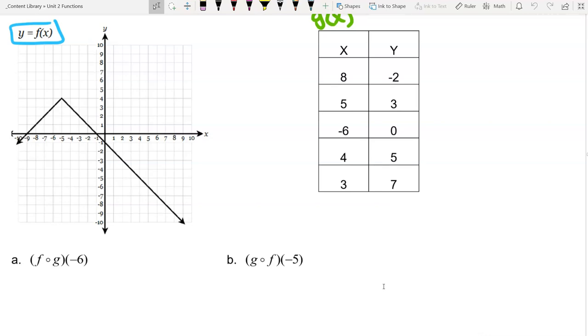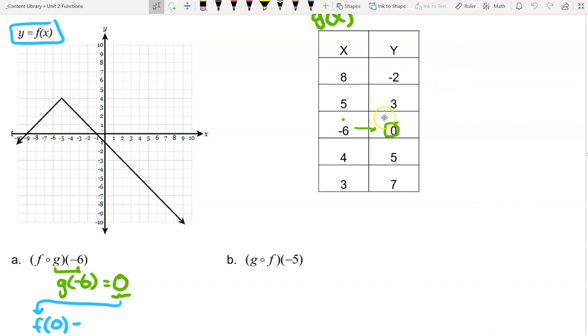If we're working with this, I'm starting with g of negative 6. I just find my answer on one of these. So since it's g, I'm going to the table. These are x's, so I'm looking here, okay, and I locate the negative 6 is right here. What's the answer there? It's 0, okay? So my first thing that I'm going to underline is 0. That then becomes the x value for the f function.